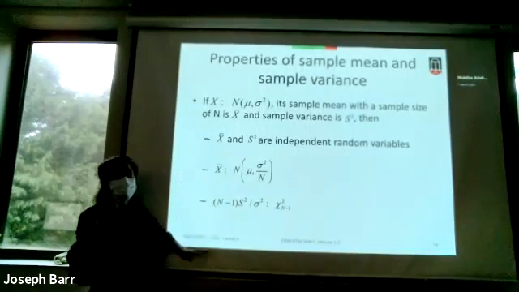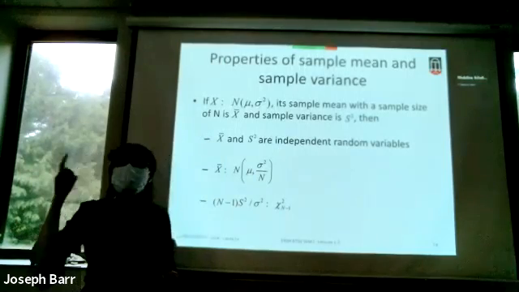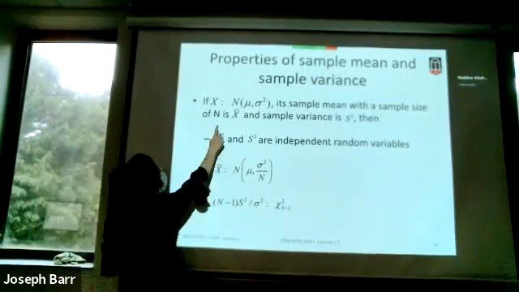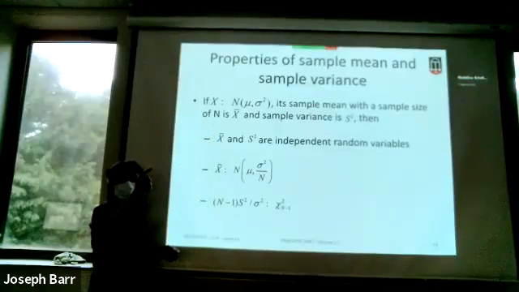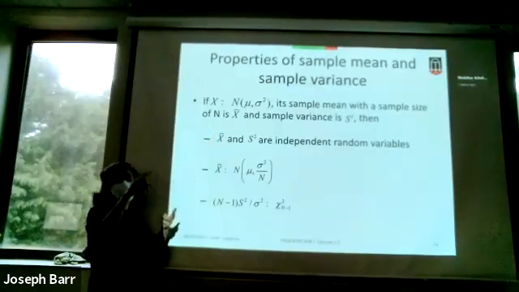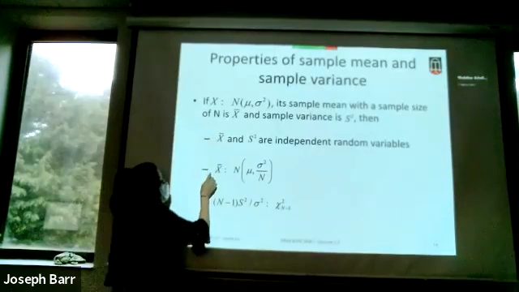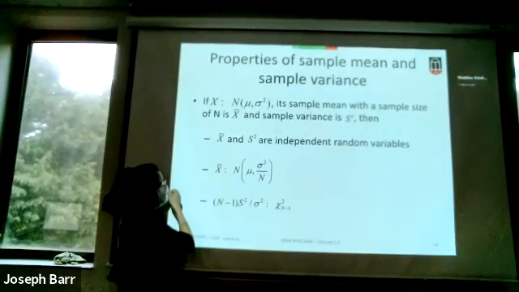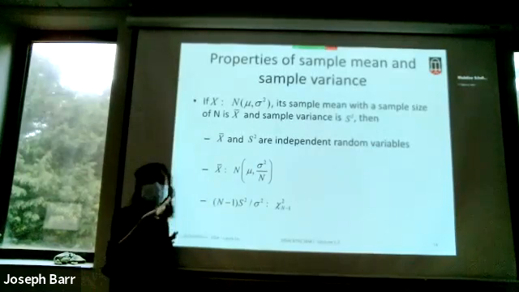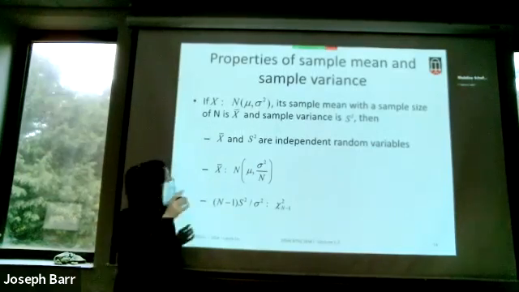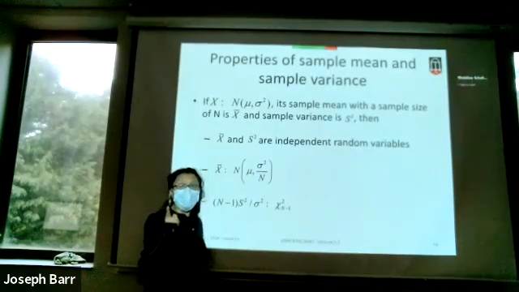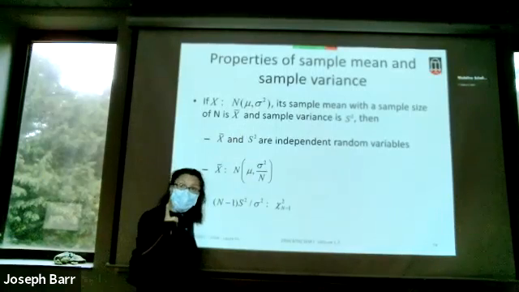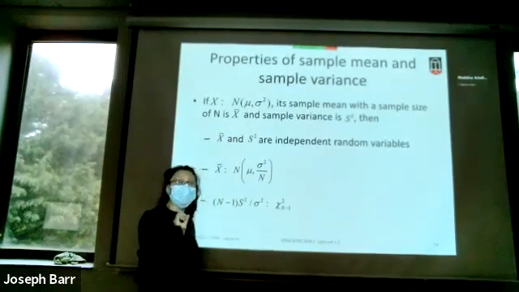Remember, we have the central limit theorem. What is the central limit theorem? If X follows a normal distribution with mean mu and variance sigma squared, then the mean of X, the average of X, will again follow a normal distribution with the same mean mu as X. But the variance part is different.